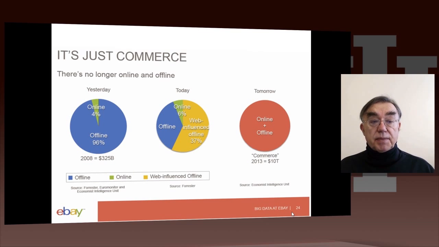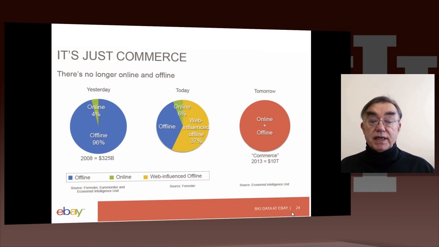Here's some comment generally from eBay, but about general commerce. In 2008, online e-commerce was 4% of the total commerce. Now it's 6%, but of the total offline purchases, 37% is actually influenced by the web. Actually, the graph looks more than 37%, so I'm not certain the 37% number is right.